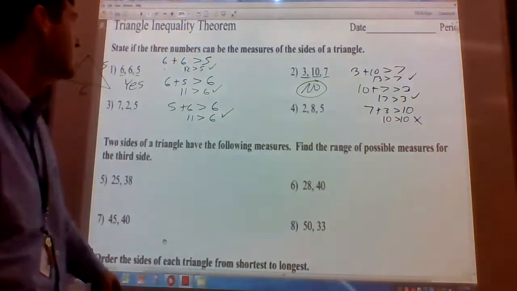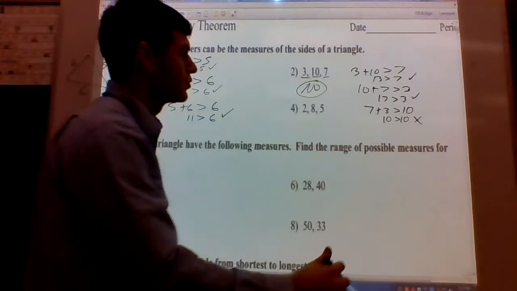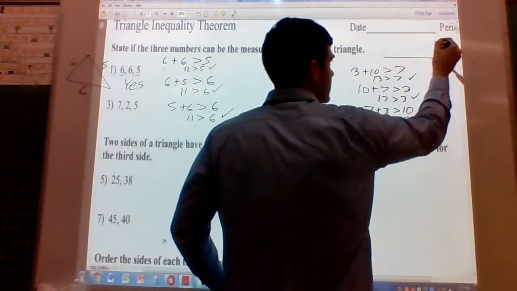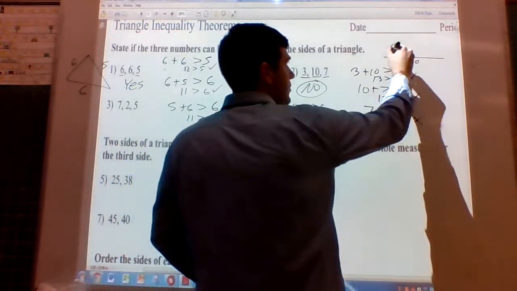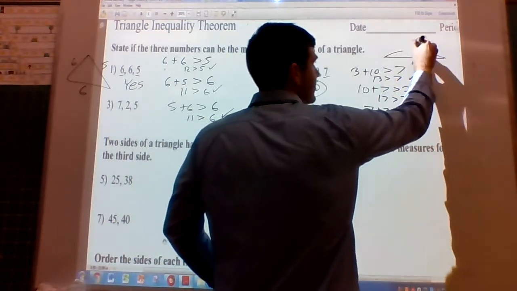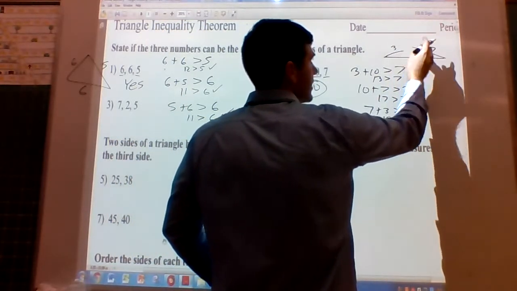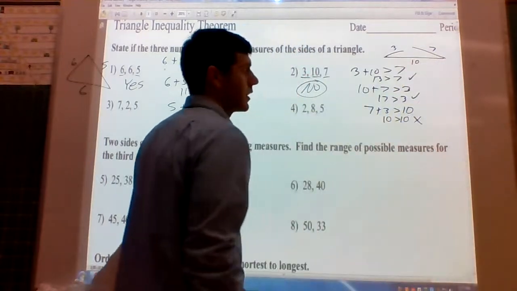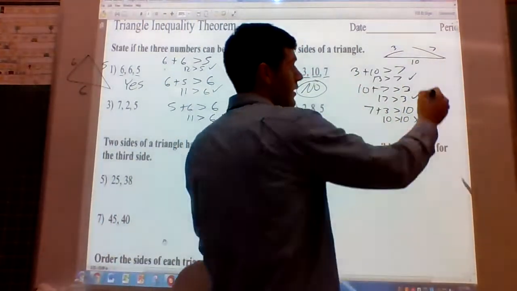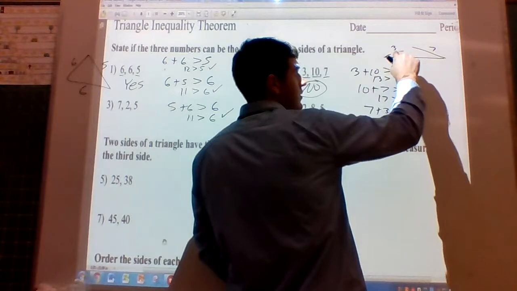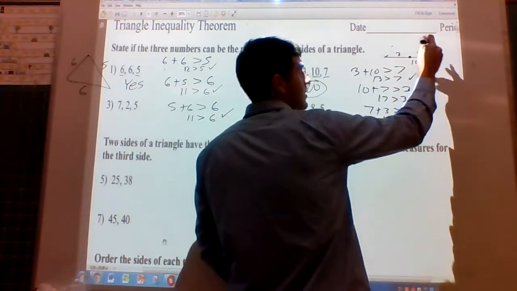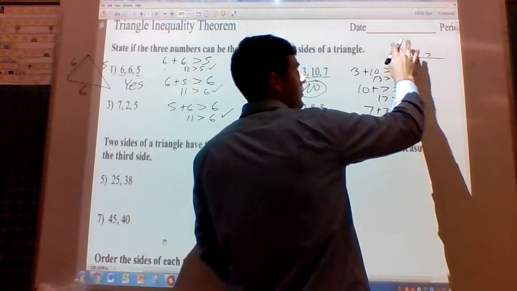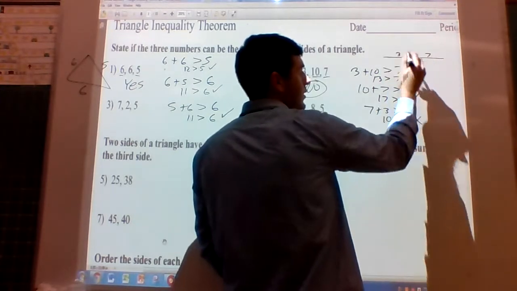If you try to make a triangle with these numbers, if you had 3 and 7, they wouldn't be able to meet except right here. This would be 3, and this would be 7, but you would notice that we don't have a triangle here.